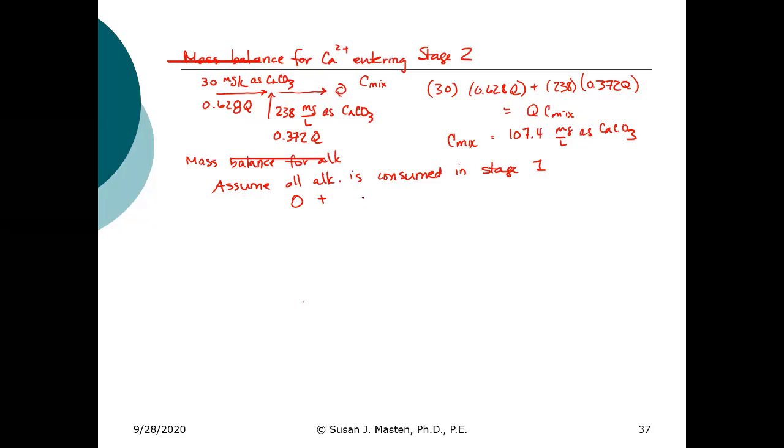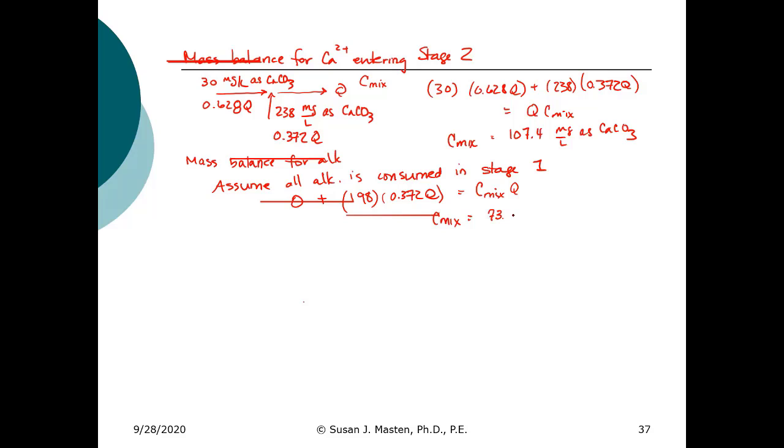We have 198 from the raw water times 0.372 Q, and that gives us, again, now C mix, in this case for the alkalinity, and C mix is equal to 73.7 milligrams per liter as calcium carbonate.